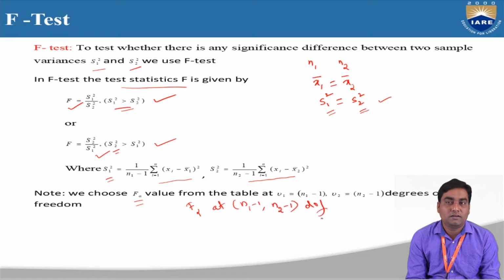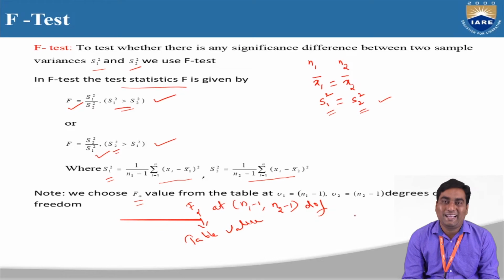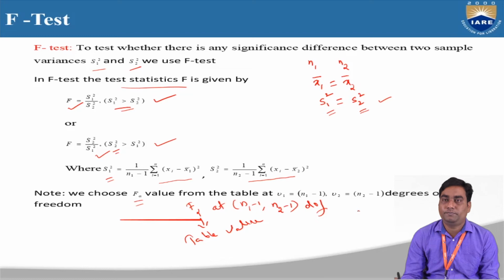This is the table value, or tabulated value. In step 3, at the given level of significance, we choose the F alpha value from the F distribution table. This is the concept of the F-test.